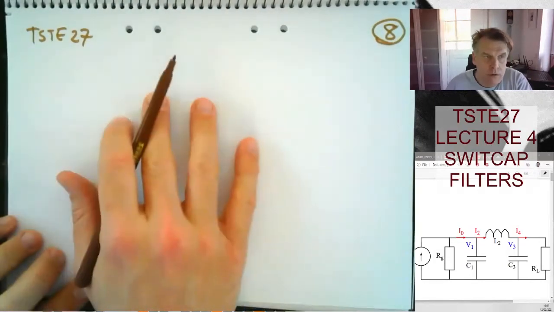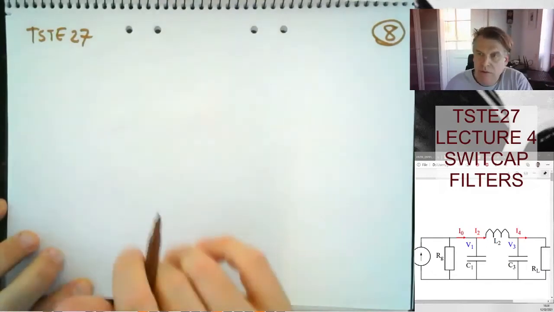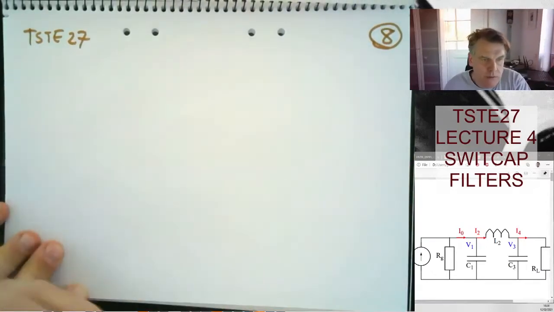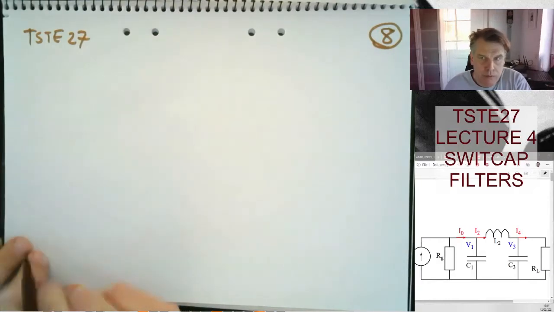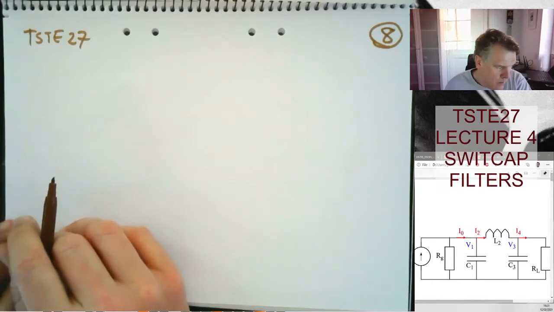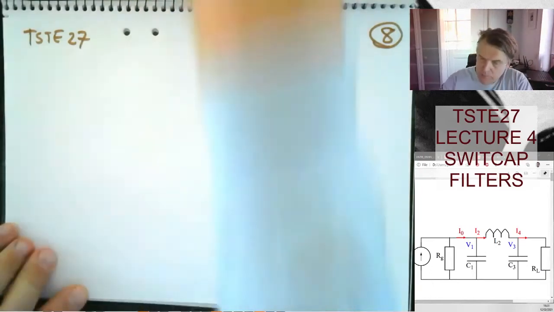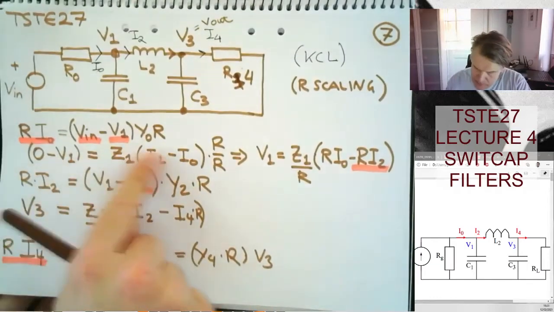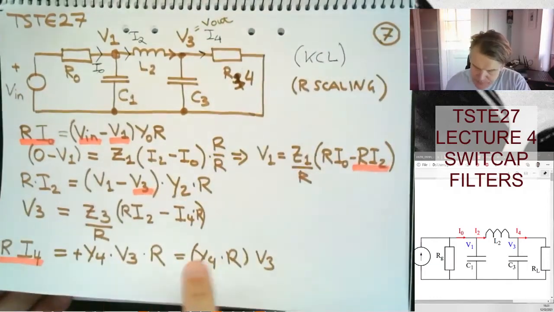So we're doing a third order filter in the lab and also in this example. But you can extend this to a fifth order or a seventh order or second or fourth order filter. It's as easy as this, more or less.